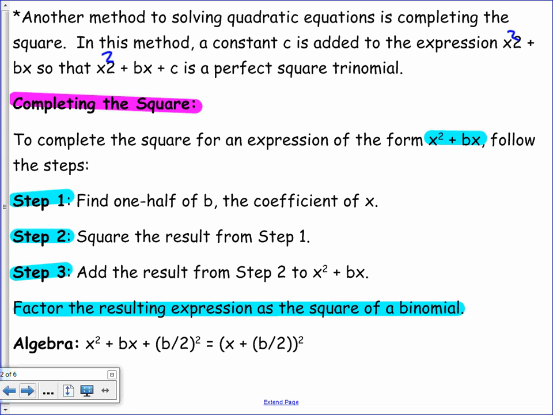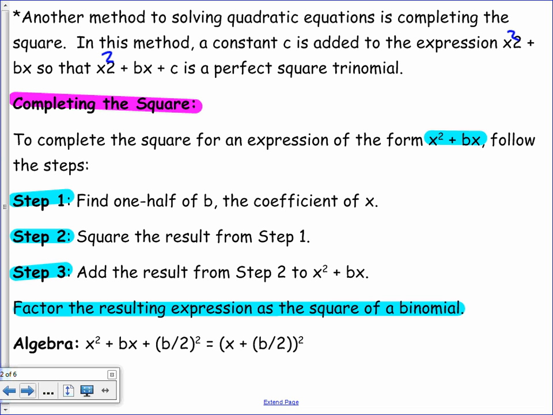In order to complete the square, what you need to do is first find half of b, which is the coefficient of x. Then you square that.